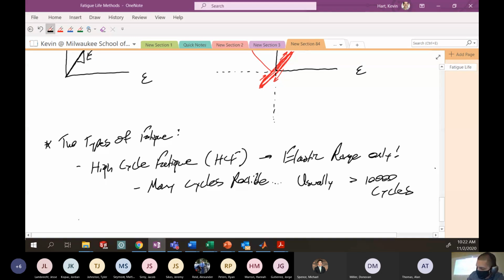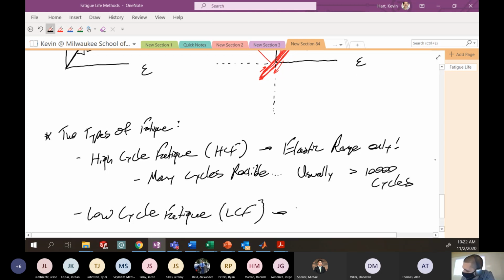All right, that differs from low cycle fatigue, LCF, where we have some plastic portion. Some plasticity.